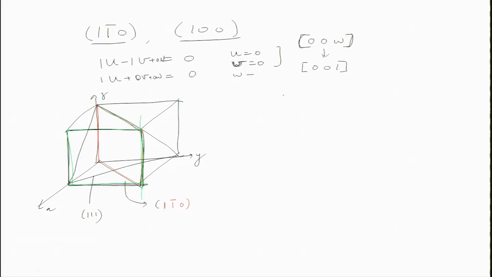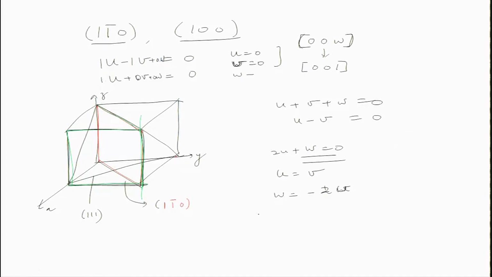For the second case you have 1 1 1. So, U plus V plus W is equal to 0, and the first becomes U minus V is equal to 0. So, 2U plus W is equal to 0 and U is equal to V. So, you can see that W is equal to minus 2U.